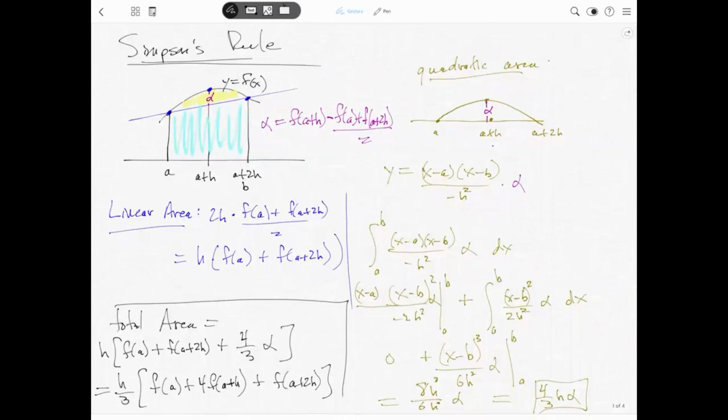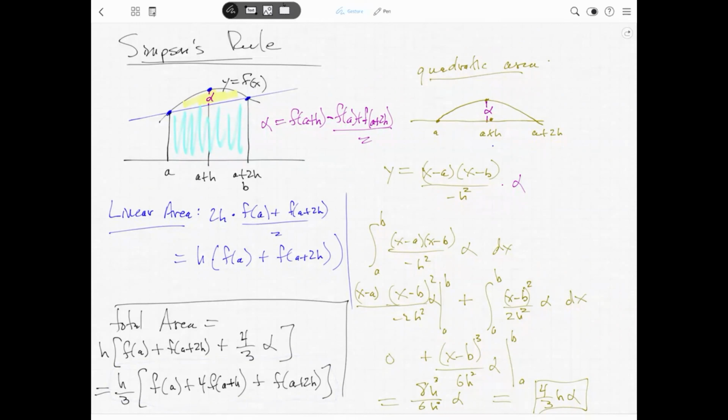So this is our formula for the area under a quadratic interpolation of a function where we've sampled the function values at the 3 points a, a plus h, and a plus 2h.